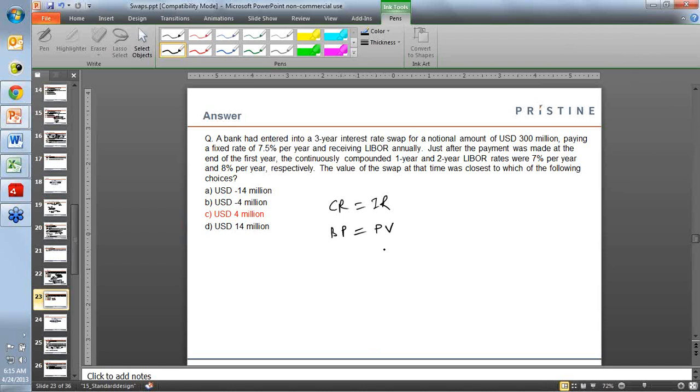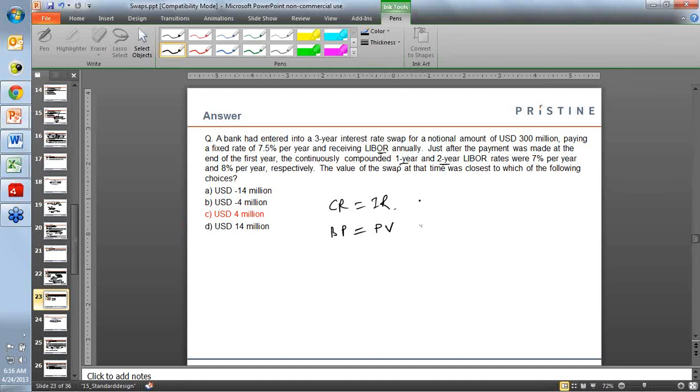So for the floating rate, after every year, the coupon rate will be revised to match the interest rate. The interest rate in this case will be the LIBOR. So after 1 year and after 2 years, the interest rate will be revised to match the LIBOR values.